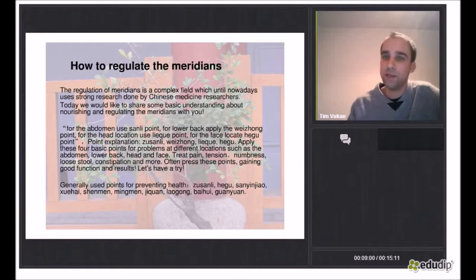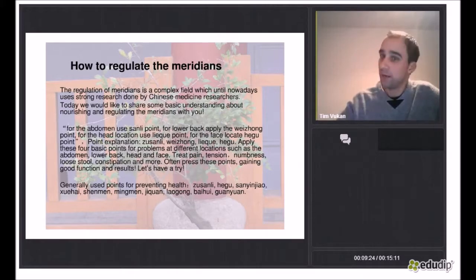And for the face, we try to locate the Hegu point. So you can see for different body locations, we can apply a main acupoint to stimulate, to gain certain functions, to be able to release discomfort in these above described locations.